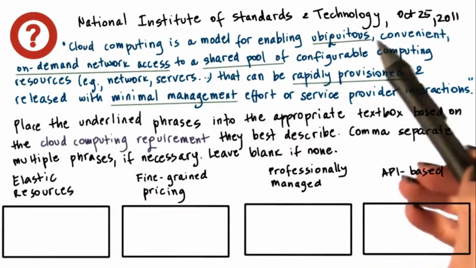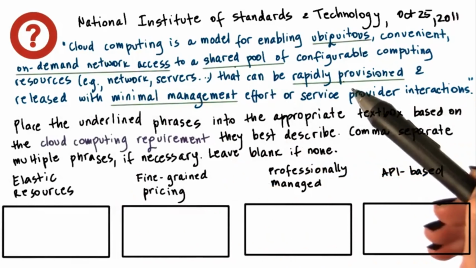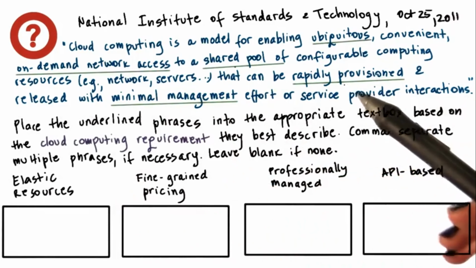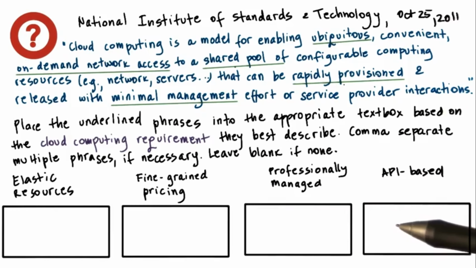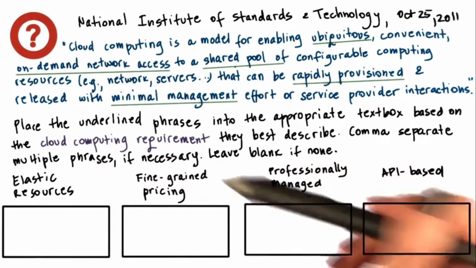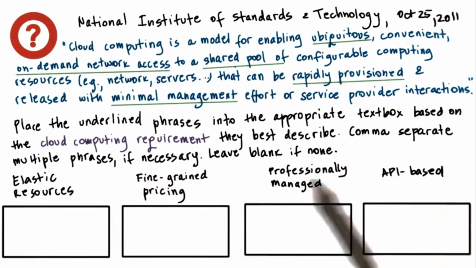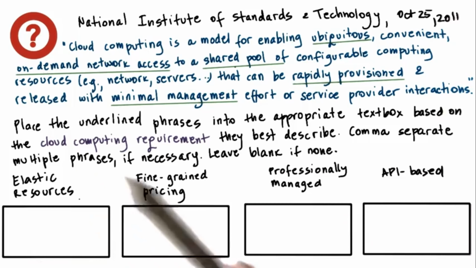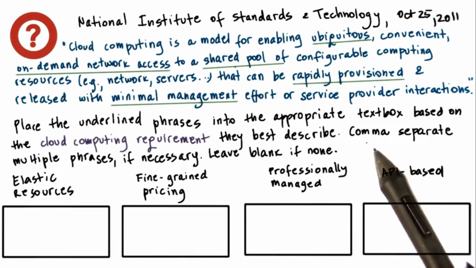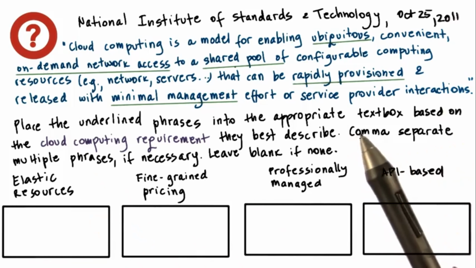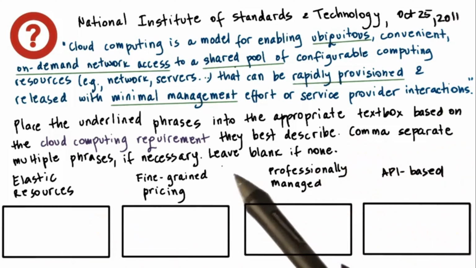I want you to place the following underlined phrases, there's a total of 5 of them, into these text boxes where each text box corresponds to one cloud computing requirement. If you need to list multiple phrases in a single text box, please comma separate them. And if you need to leave a text box blank, then don't write anything in it.